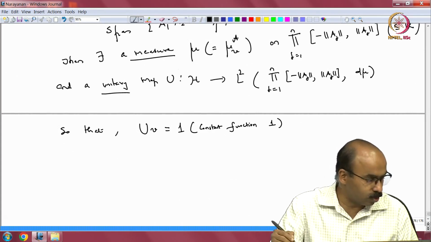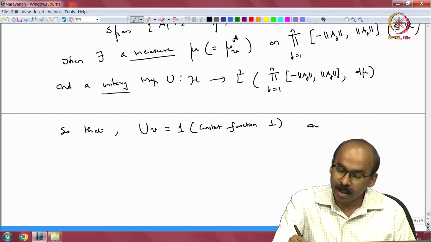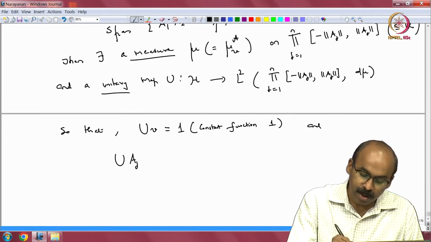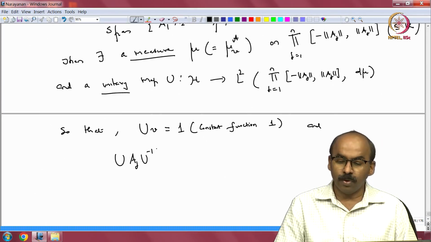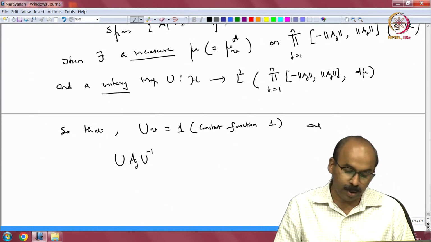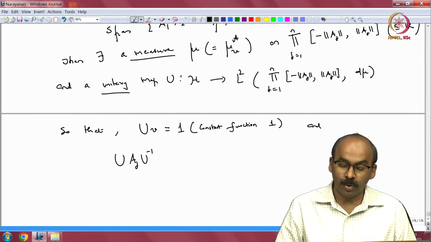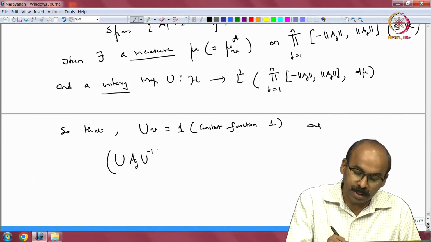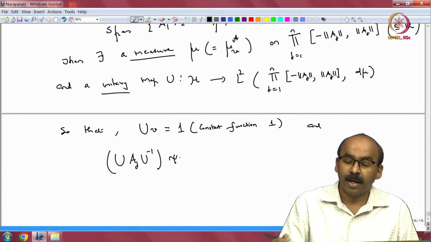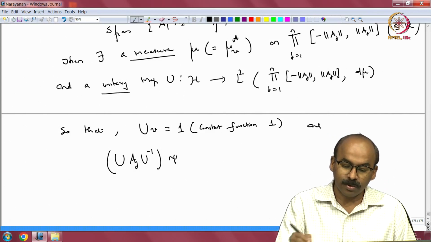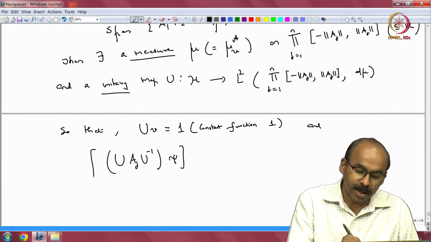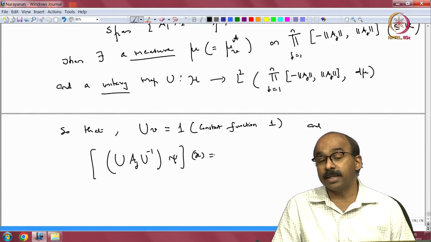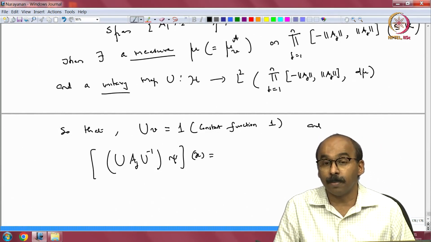So, U of V is equal to 1, and U Aj U inverse: U inverse goes from L2 to H, Aj takes H to H, and U takes H back to L2. So this has to act on a function psi in L2, and I should tell you what it is at the point x. x is in Rn, in the product space.